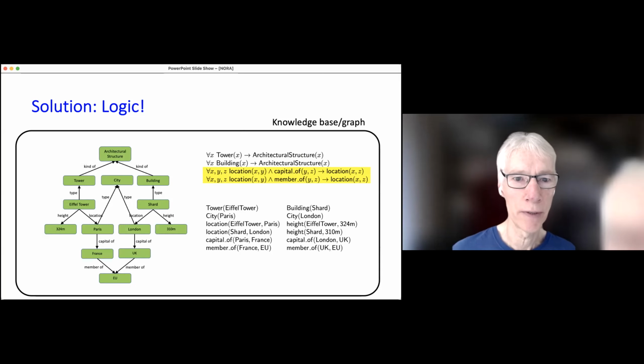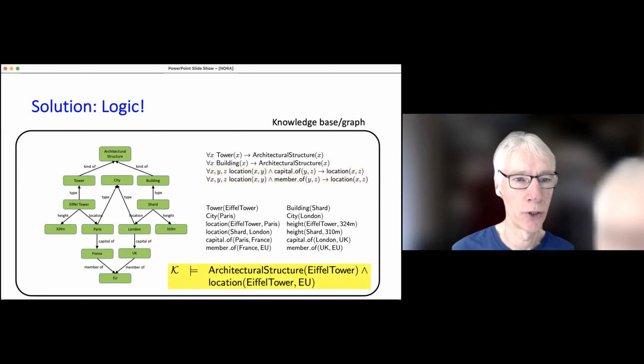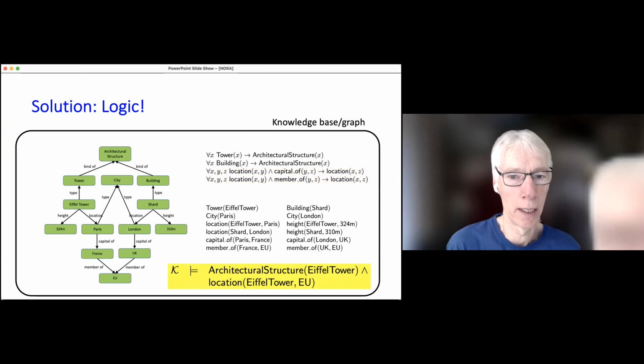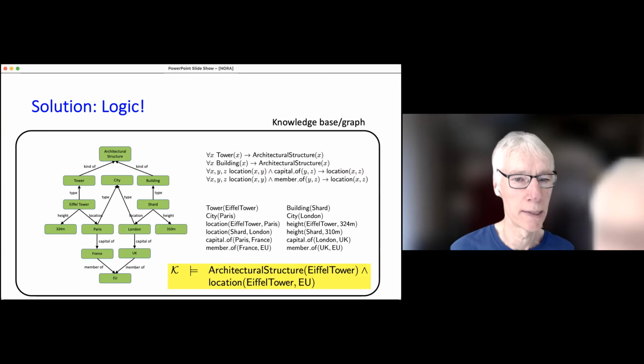So an additional very nice feature of using logic to capture the graph is that this also gives us, completely naturally and for free, as it were, a semantics for query answering, which is just logical entailment. For example, we can see that the Eiffel Tower is in the answer to our query for architectural structures located in the EU.